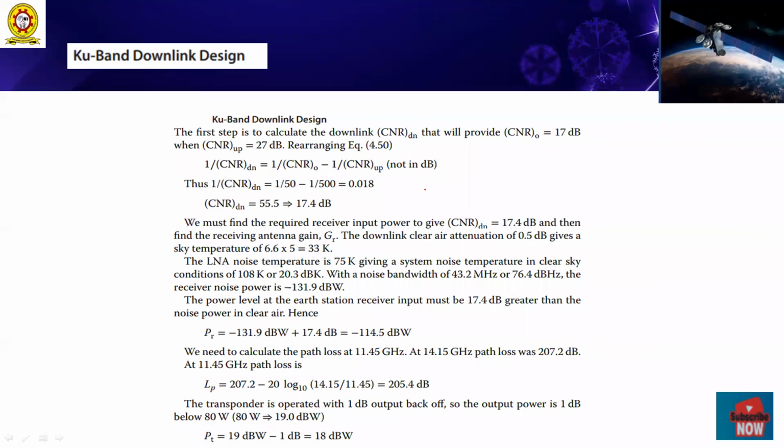Similarly, if the power level at the earth station receiver input must be 17 dB greater than this noise power, how do we estimate this receiver power? PR is the power at the station receiver input.